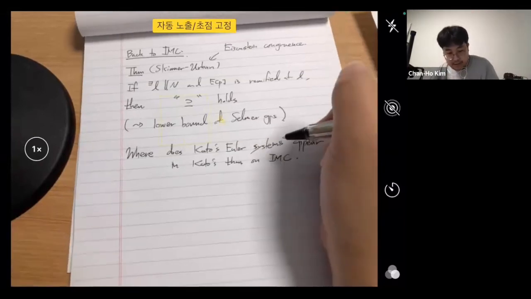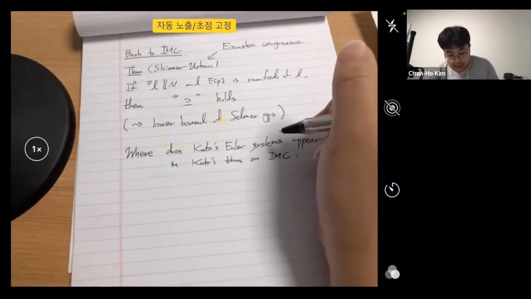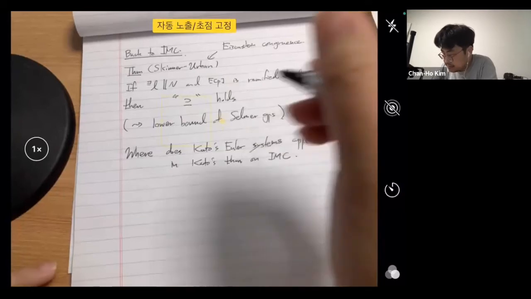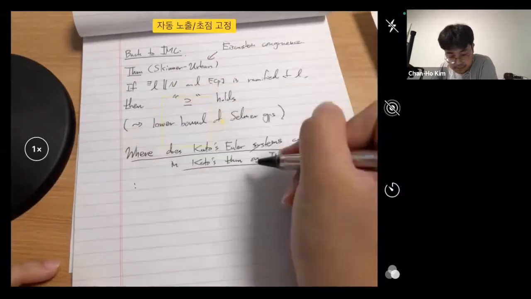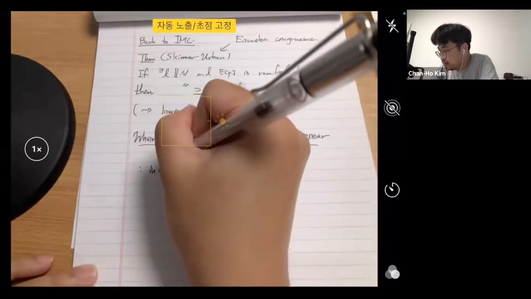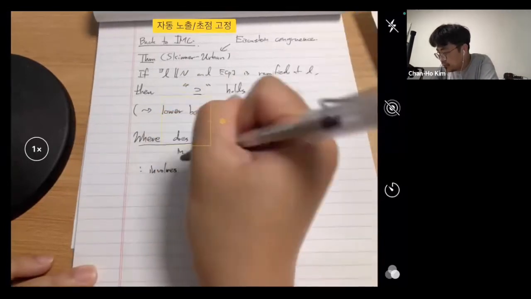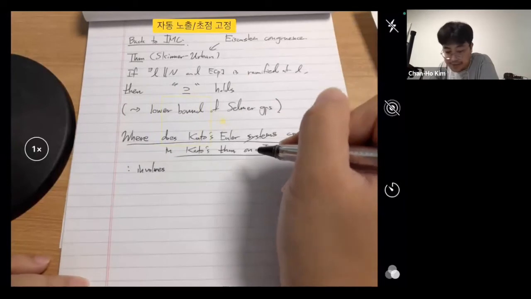Then this involves the so-called Kato's Iwasawa main conjecture without p-adic L-functions.